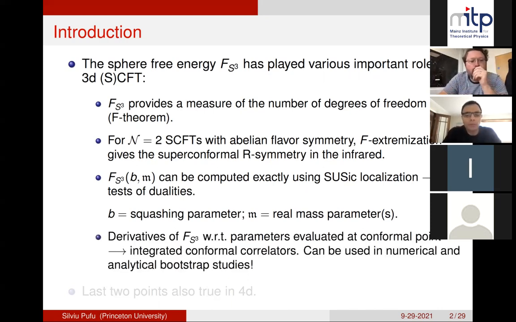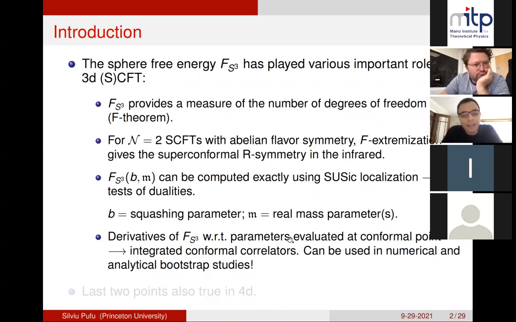And one of those purposes, and this is something that we've been doing for the last few years, is that one can take the sphere free energy as a function of parameters and then take derivatives with respect to the parameters and evaluate the derivatives at the conformal point. So for instance, for zero mass, and when the squashing parameter corresponds to the round sphere.